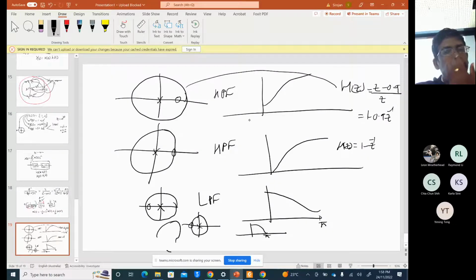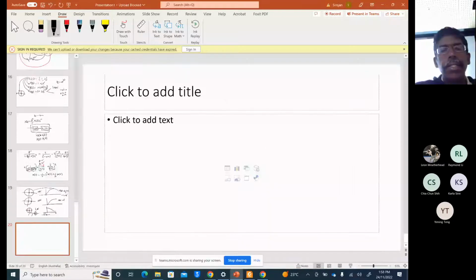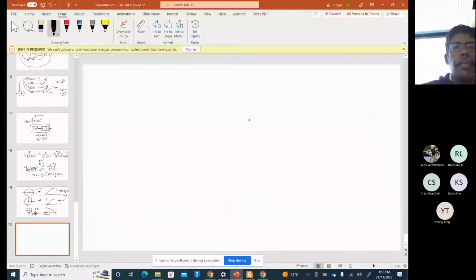If you really want to find the exact magnitude response, then how do you find it? You replace z equal to e to the j theta and substitute. So H(theta) equals 1 minus e to the minus j theta.